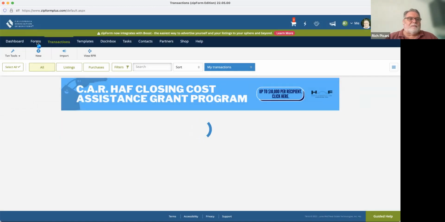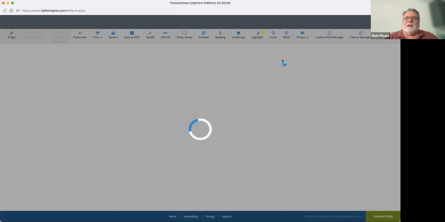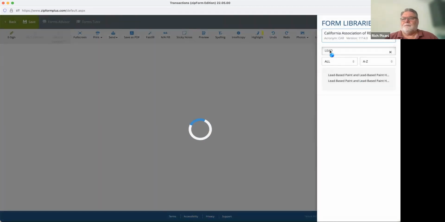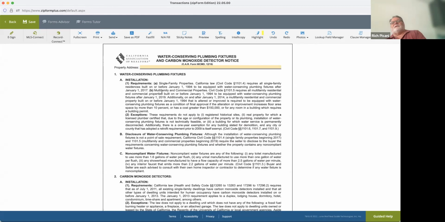The other form that is required is the water conserving plumbing fixtures and carbon monoxide detector form.